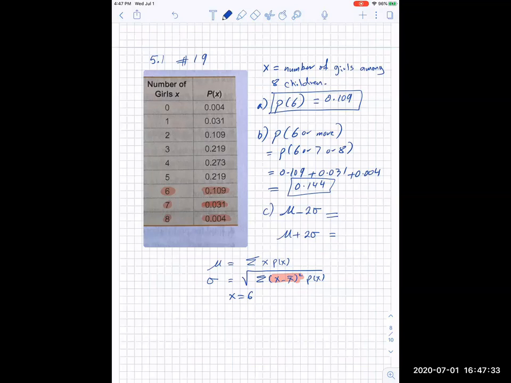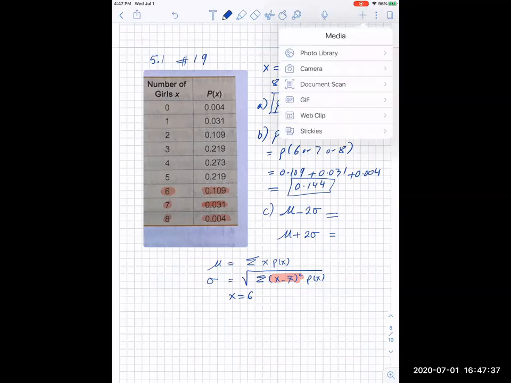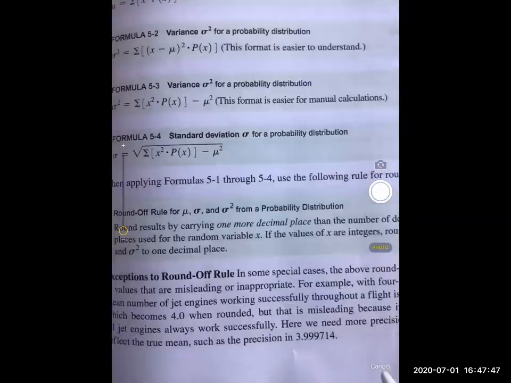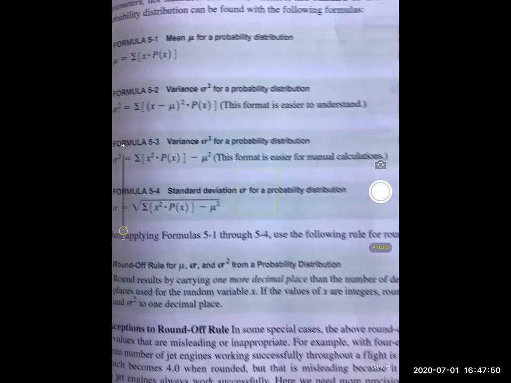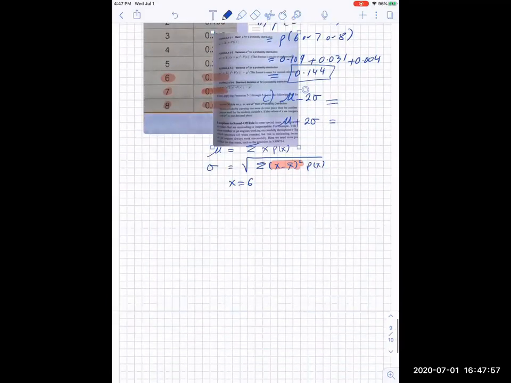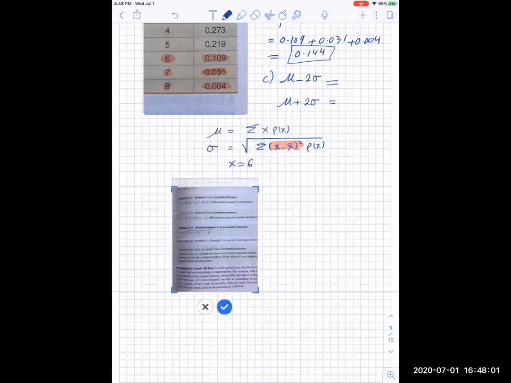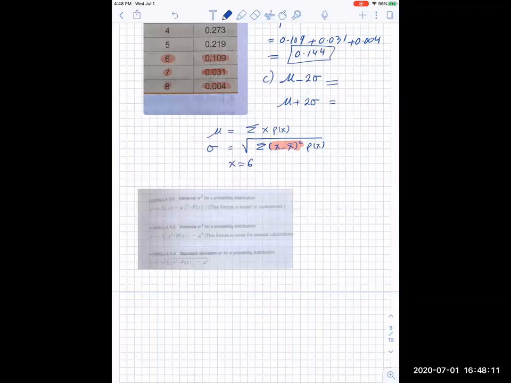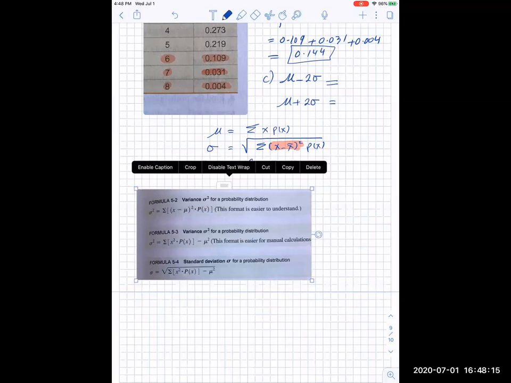Okay. Let me show you here. Hold on. All right, see the variance? That's the variance.